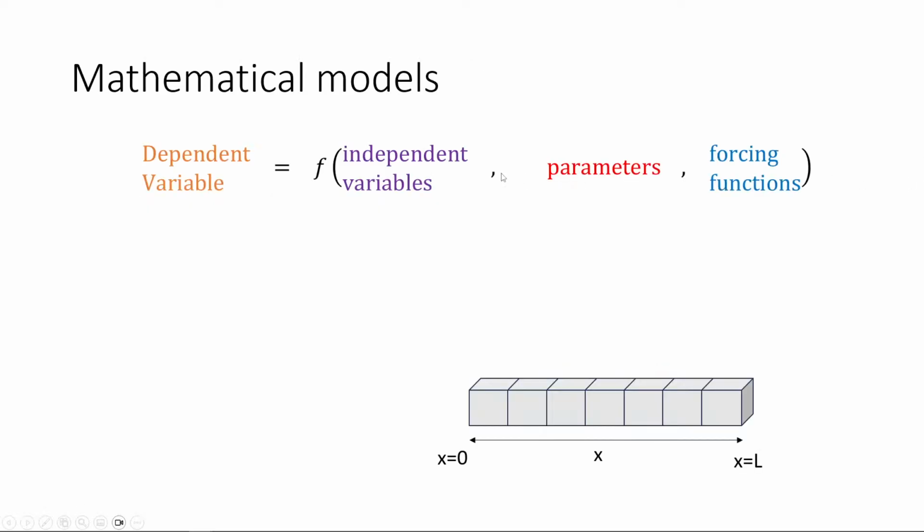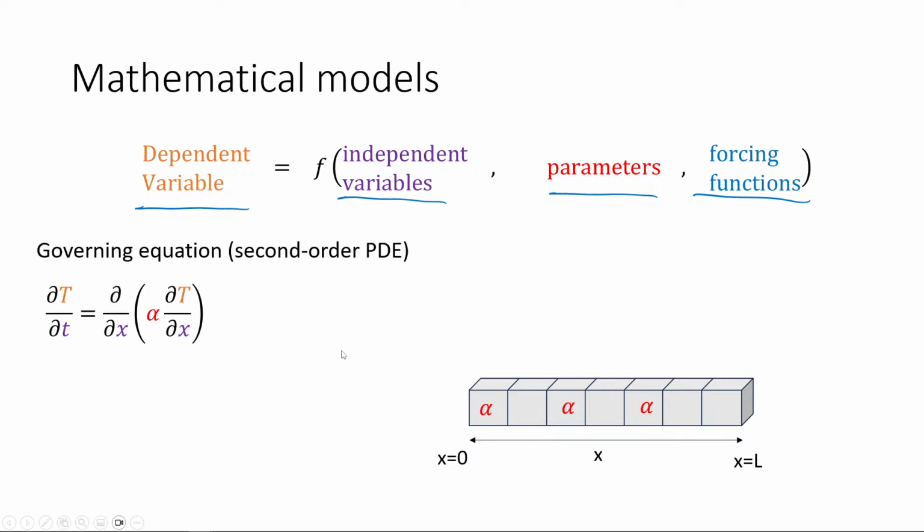Okay. So here would be again an example of a mathematical model. You have a dependent variable, you have an independent variable, you have parameters, and you have forcing. So here, for example, let me show you. I have an equation here, the governing equation. You are already familiar with these types of equations. Here, for example, I want to see heat transport in this rod.